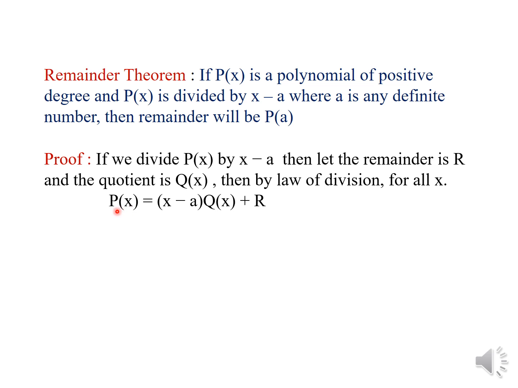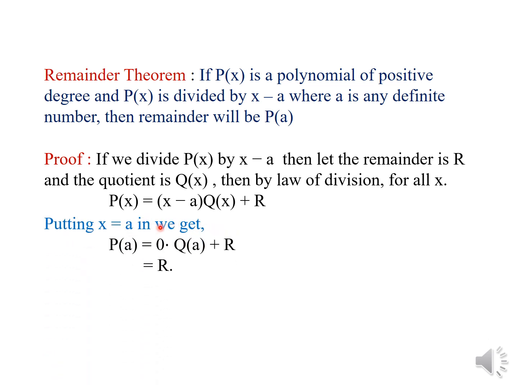We know the formula: dividend is equal to divisor times quotient plus remainder. Here we divide by x minus a, so x minus a is the divisor, q of x is the quotient, and then plus r means remainder. So this is the formula of the law of division.